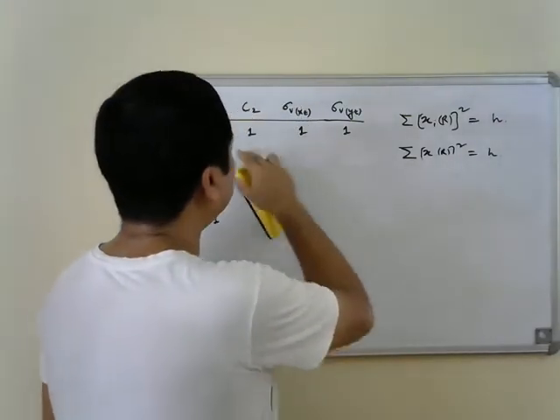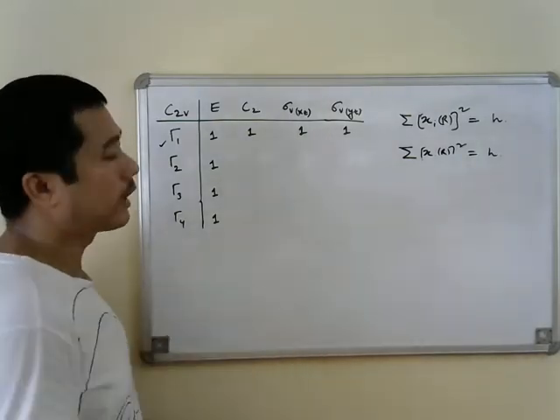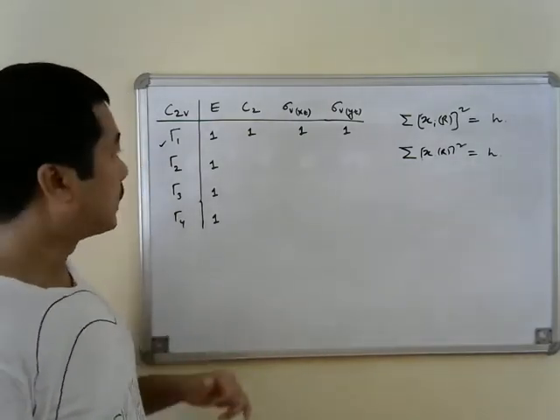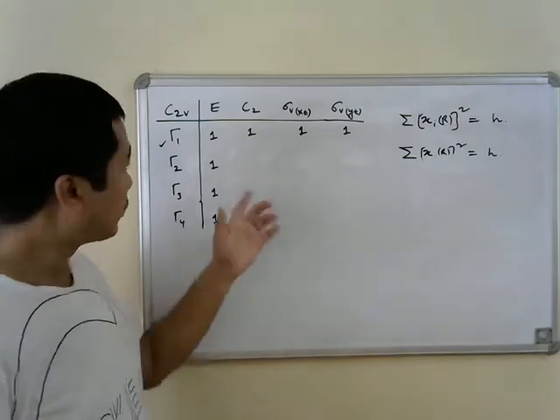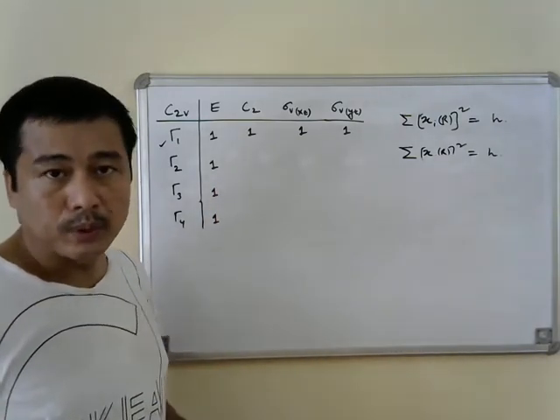So now we know the characters of the first irreducible representation, and we will now have to write the characters for the second irreducible representation. Again, we have the choice to write these characters as either +1 or -1.